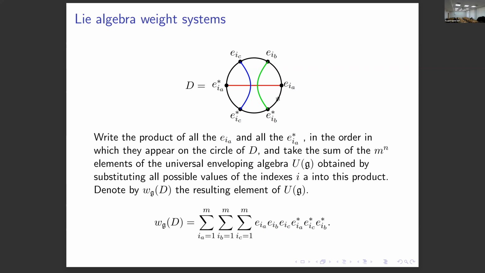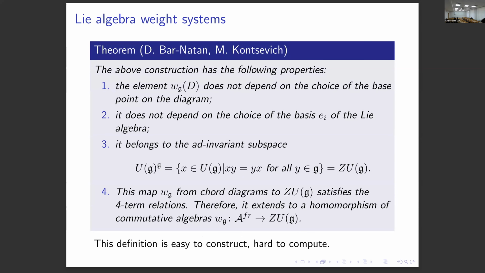And actually there is a theorem from Bar-Natan, I think this result is from 1995 or maybe 1998, which says that this definition, the weight system according to the Lie algebra g, does not depend on the choice of the base point, and does not depend on the choice of the base. Which means that it only depends on the chord diagram.